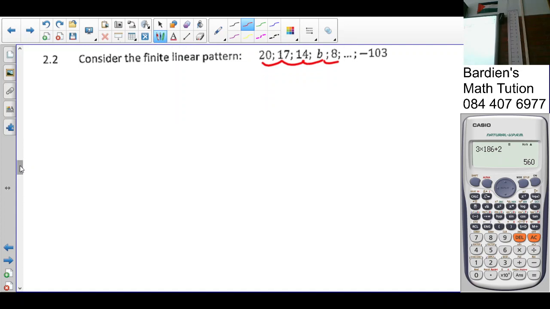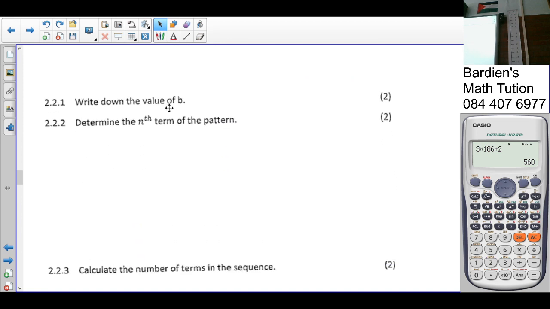So that means you say I'm adding the same number all the time. So how do I move from one to the next? I'm subtracting 3. Not so? So the first question, let's look at the questions pertaining to this pattern.